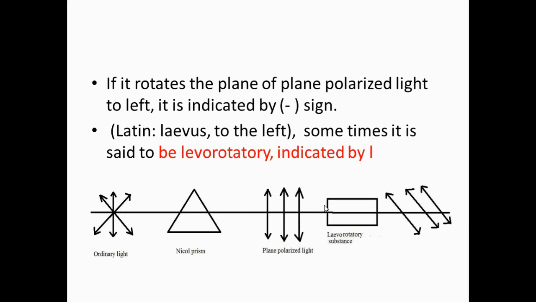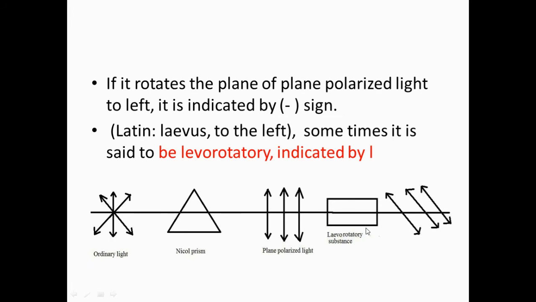If it rotates the plane of plane polarized light to the left, it is indicated by a negative sign. That means the substance which has the capacity to rotate the plane of plane polarized light towards the left is indicated by a negative sign. Sometimes it is said to be levorotatory, indicated by a small letter l, because in Latin laevus means to the left.